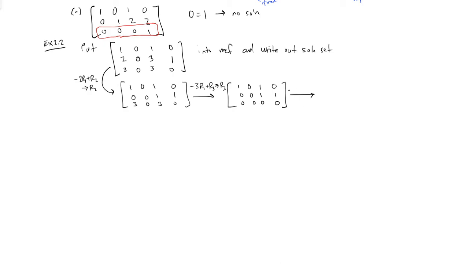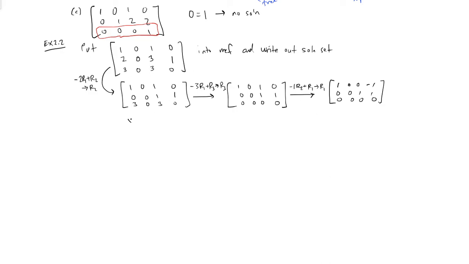I say that, I'm going to make a mistake. All right, so we're almost done. We have this leading 1 here, and we have to kill the 1 above it. So we'll do minus 1 R2 plus row 1 is my new row 1. And that will give me 1, 0, 0, negative 1, 0, 0, 1, 1, and then a bunch of zeros. All right, so we have it in reduced row echelon form.